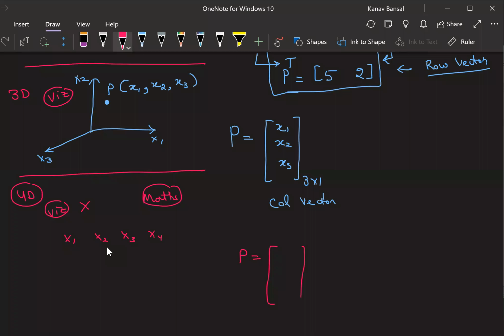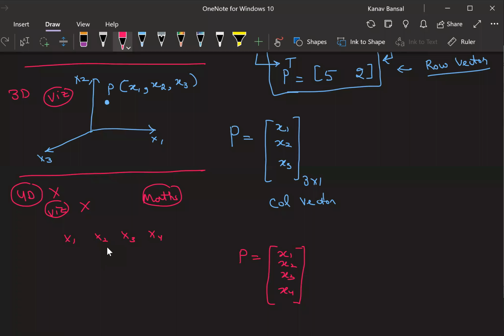Is it possible to write a four-dimensional point mathematically? Yes. We can write an x1 component, x2 component, x3 component, and x4 component, and the mathematics will work perfectly fine for these points. The only thing is we can't visualize it using graphs or some other way. Is it making sense to everyone? I hope this makes sense.